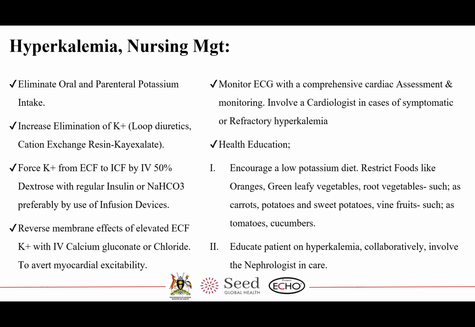There's also calcium chloride, but here you have to take note of how you're going to administer these drugs. For example, calcium chloride, preferably you would not give it using a peripheral line unless you have really diluted it enough. In a peripheral line, you have to watch out for extravasation and tissue necrosis, which may, on the other hand, worsen your patient further.